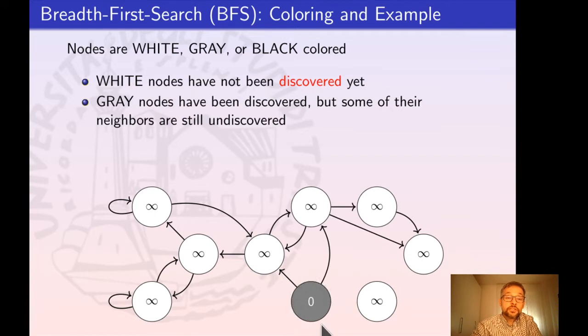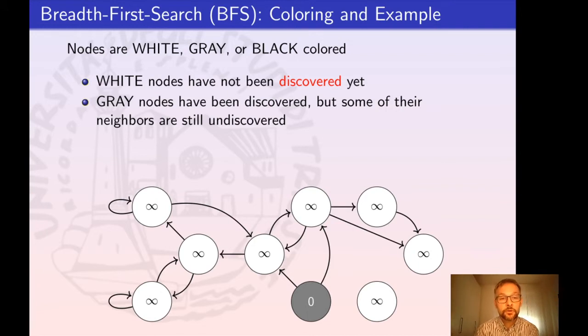Coloring a node gray means that it has been discovered, so we know its distance from the source, which for the source itself is 0, of course. And why gray?